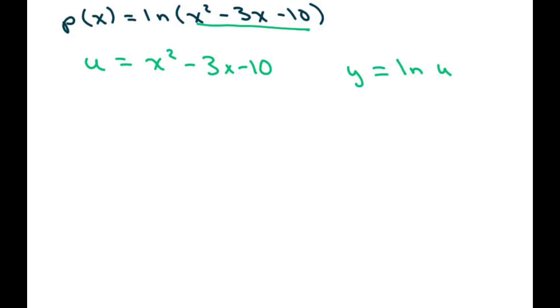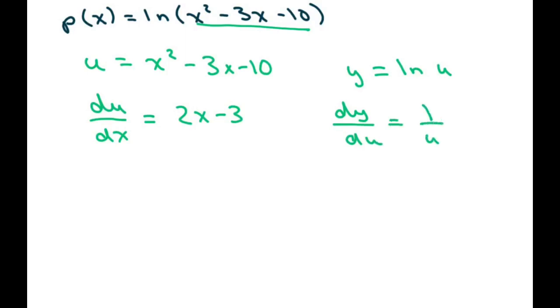Now we take the derivative of u with respect to x, that equals 2x minus 3, using simple rules, and my derivative of y with respect to u equals 1 over u.